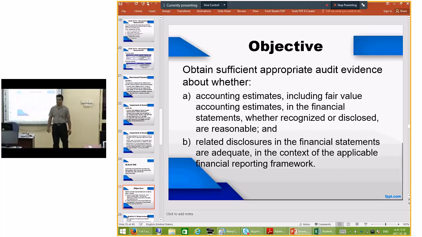So basically what is the objective of this, as we already discussed: to make sure the company or the management has recognized the correct fair values and disclosed those fair values in the financial statements. So that is the basic objective.